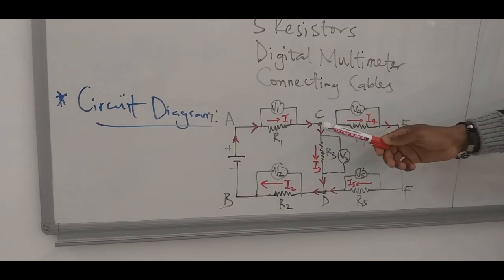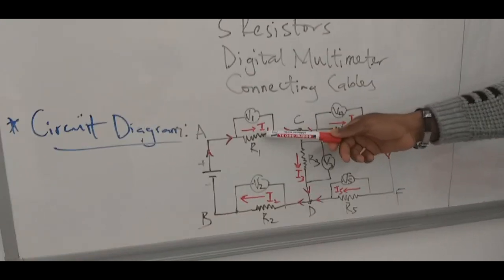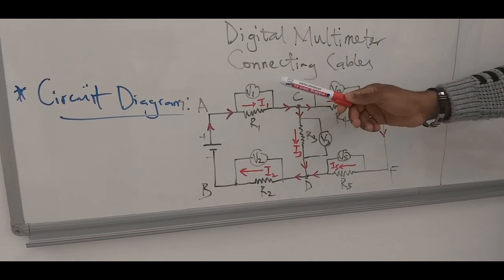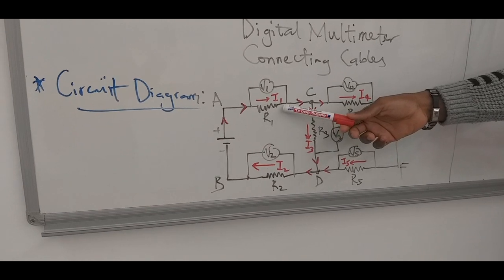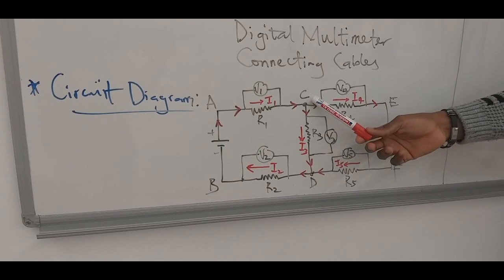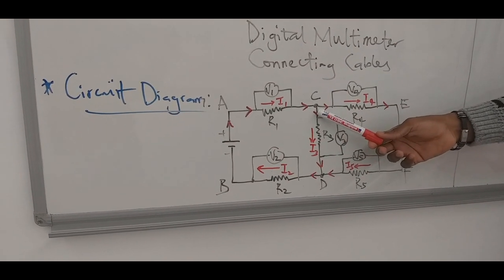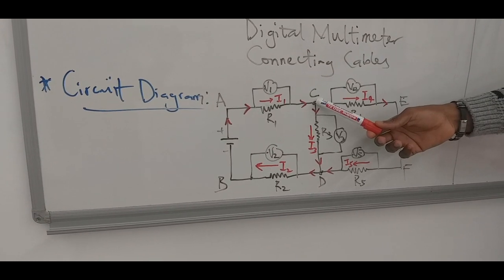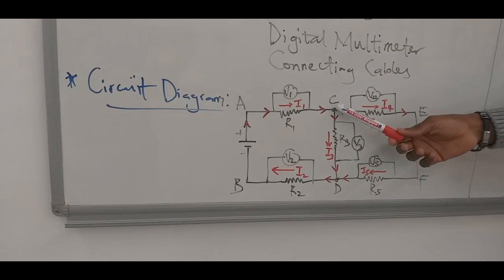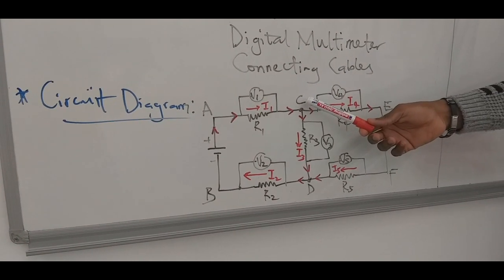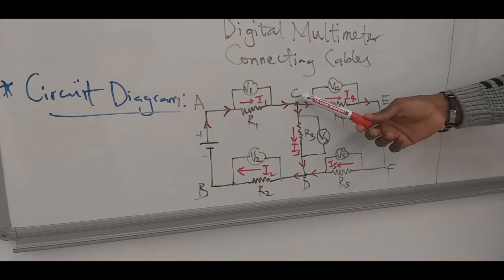There is something unique that is going to happen here. A particular current of a certain value will flow in through I1. But once it gets to this node, now this is a node. A node is what? The point where two or more circuit elements meet. That's what you call the node.